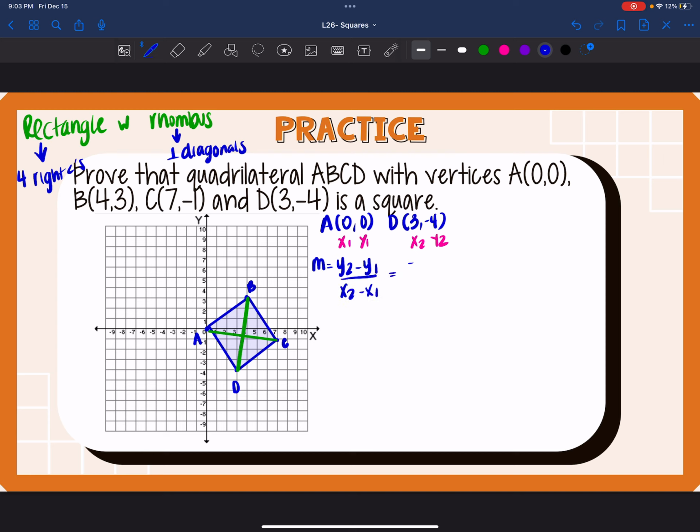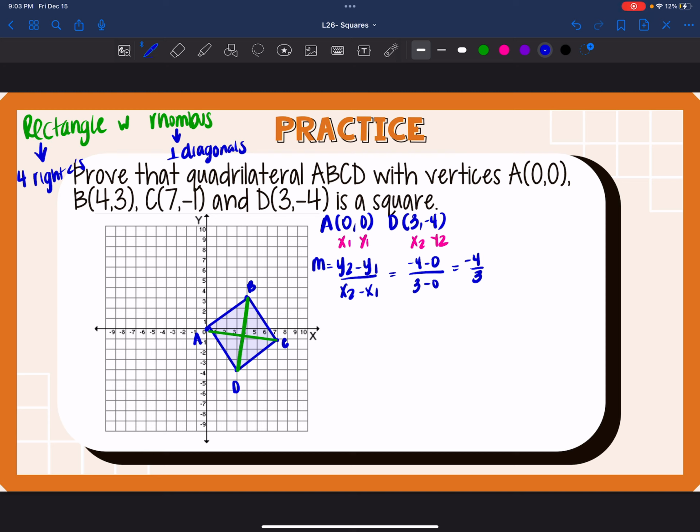Well, my y2 is negative 4. My y1 is 0. So negative 4 minus 0. My x2 is 3. My x1 is 0. So my slope here is negative 4 over 3. Now I'm going to hope that the slope of DC is 3 over 4, because that will be the opposite reciprocal, and that will give me the perpendicular lines that I need.